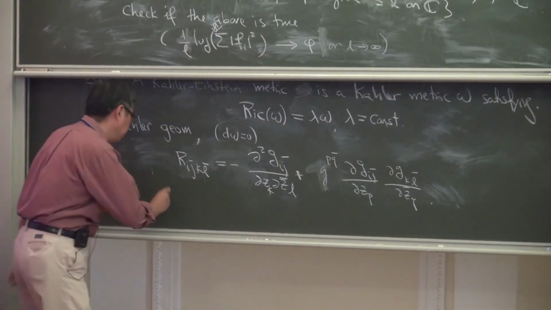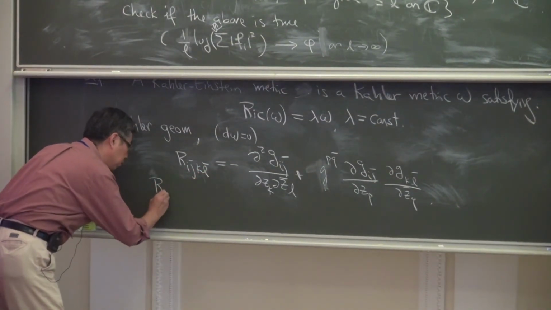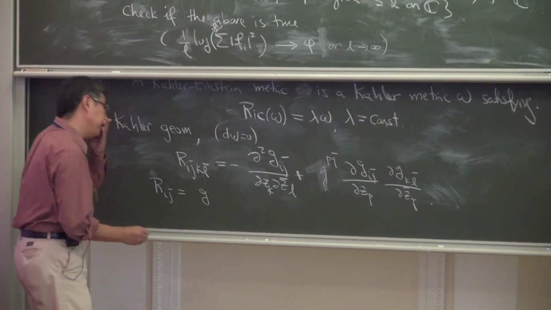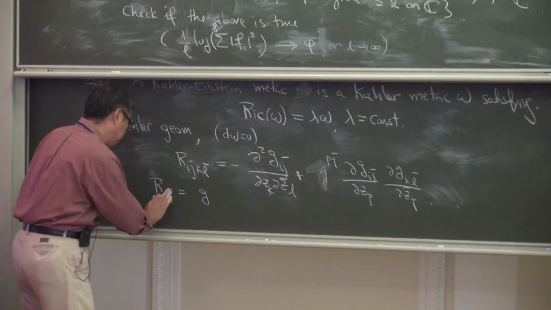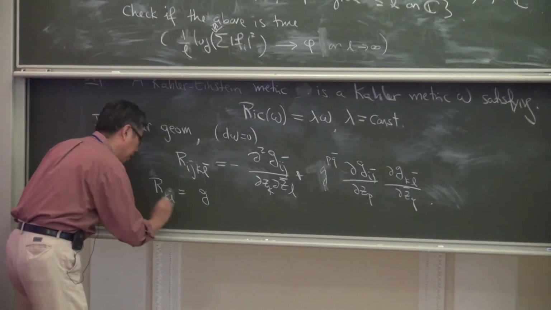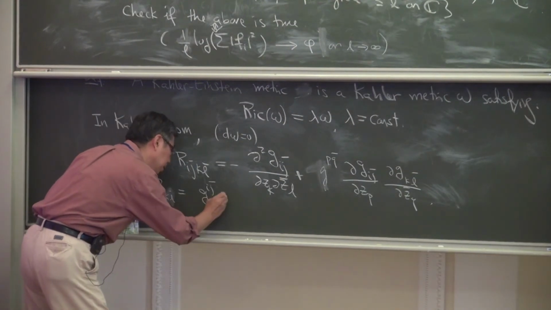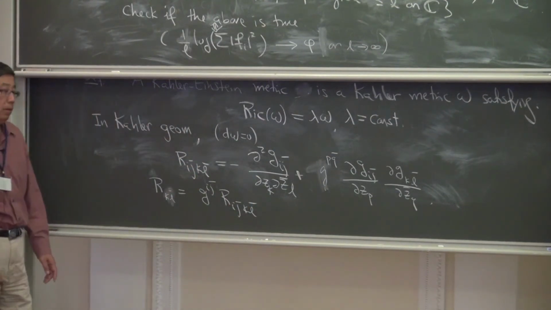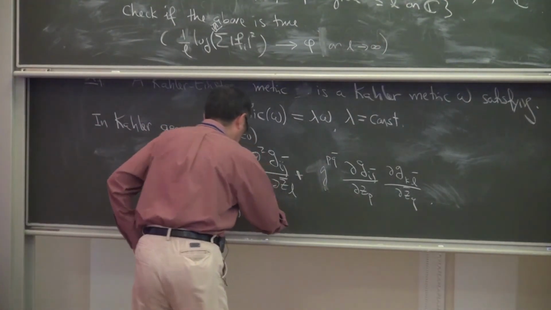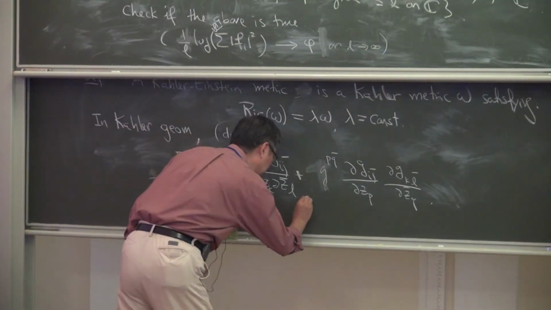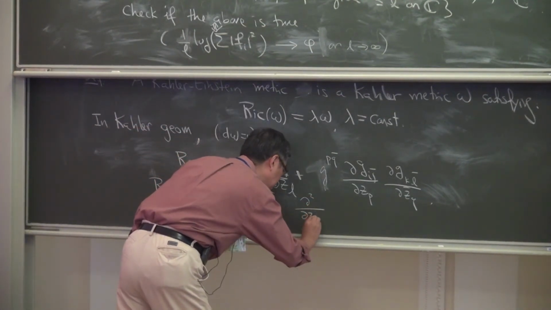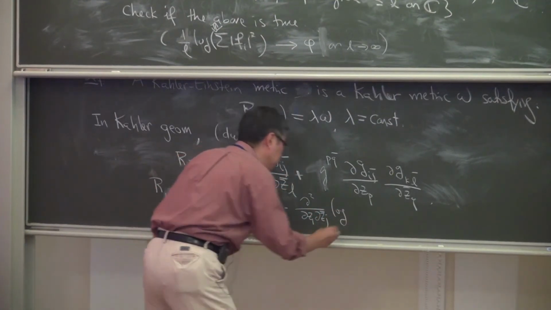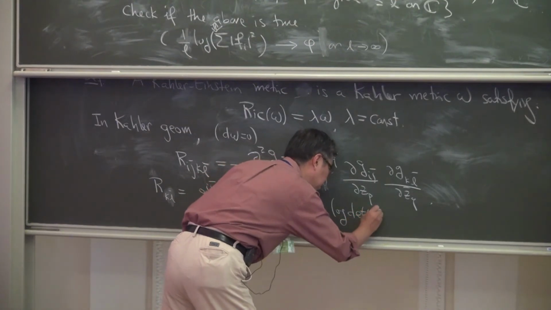And the Ricci curvature is just a summation of this over K and L. It's symmetric anyway. So G i j bar, Ricci. Okay, so it has a form. You can see this is nothing else but, in the local coordinates, d z_i d z_j bar of minus log determinant of g_kl.